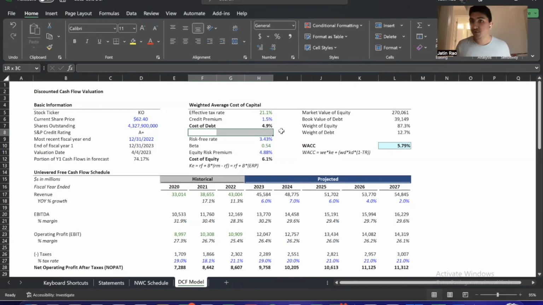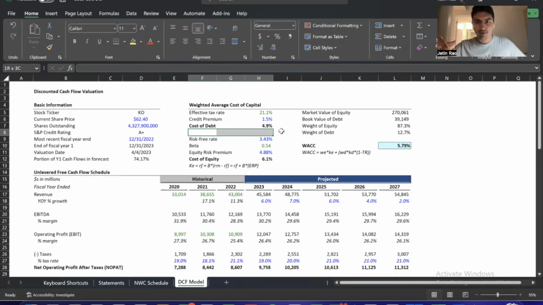So it's sort of like the interest rate on debt, except usually it's kind of hard to observe or calculate the cost of debt for a company because, well, if you have access to Bloomberg, you can go to a company's debt portfolio or their detailed credit analysis, and you can find out what bonds they have floating around in the market right now and what the yield to maturity or what the market interest rate for those bonds are.